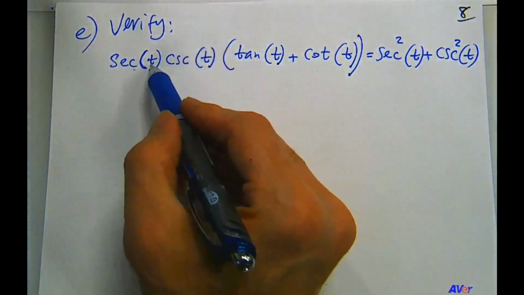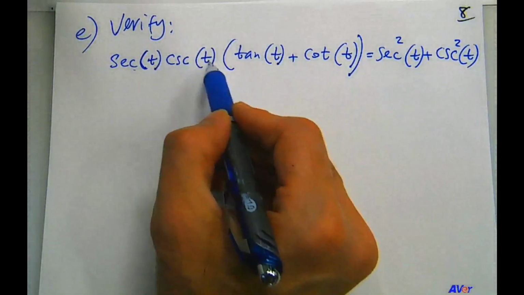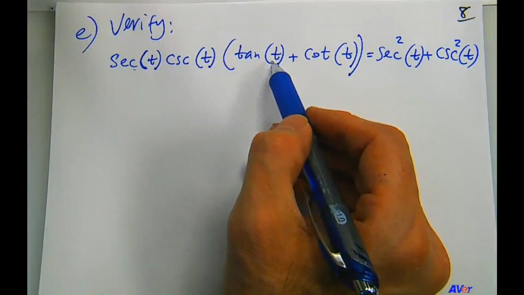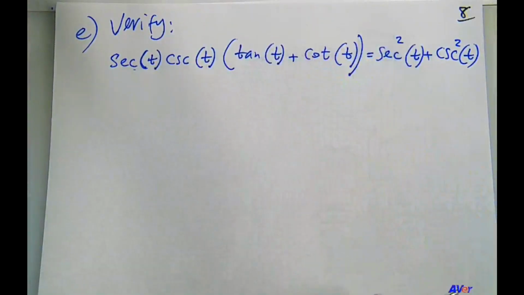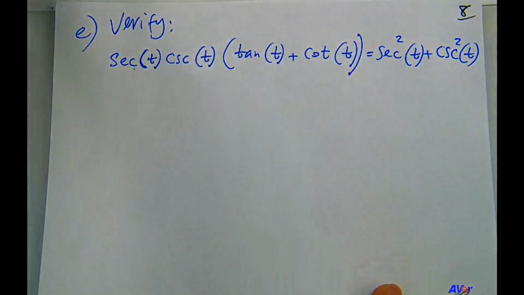Okay, like I was saying, these parentheses are optional. I'm just using them to give visual clarity that t is the argument here, or the variable.